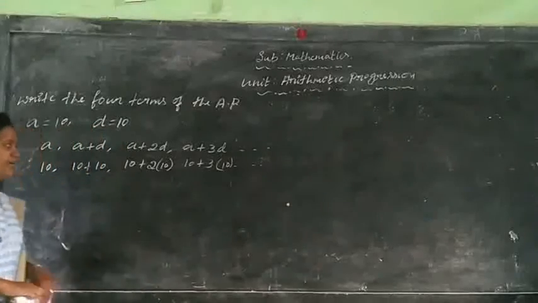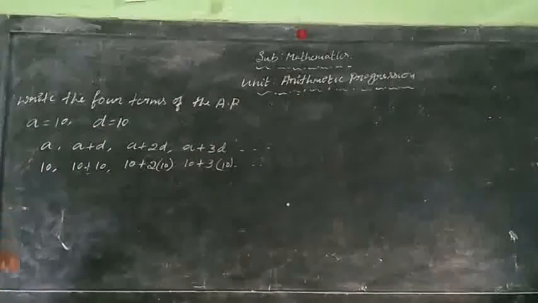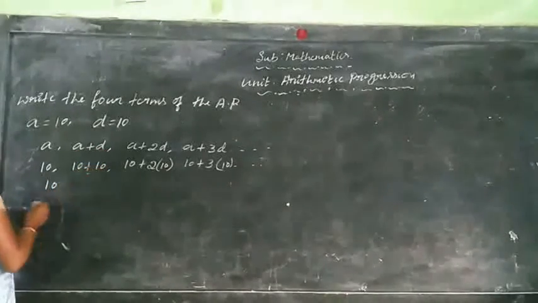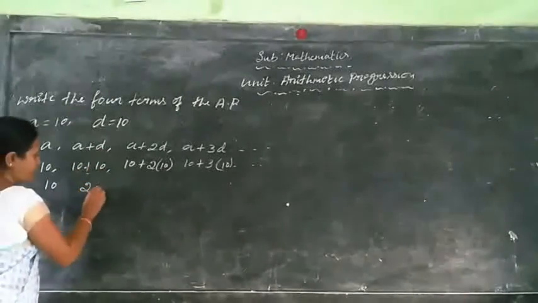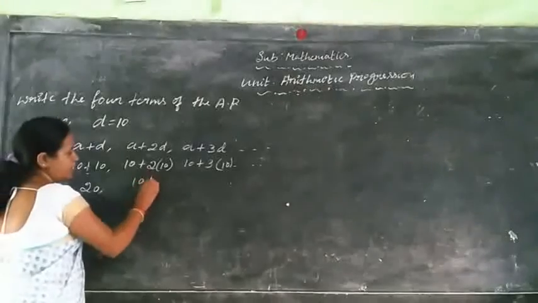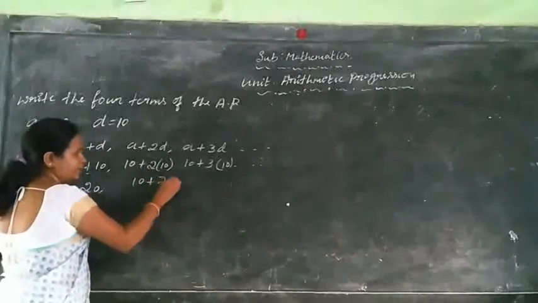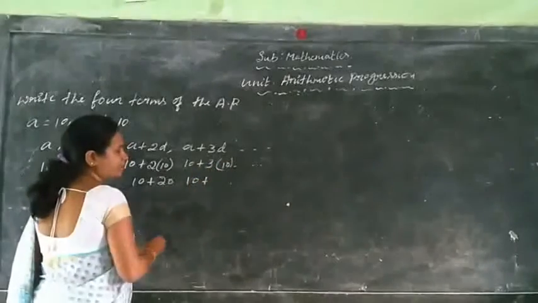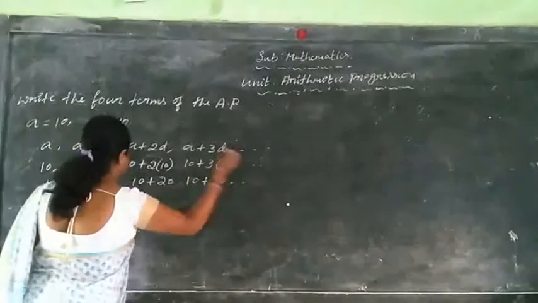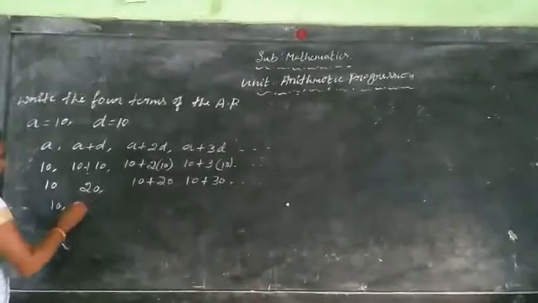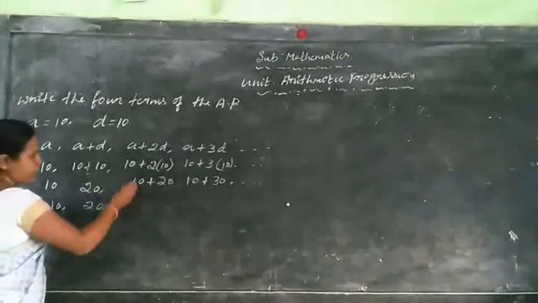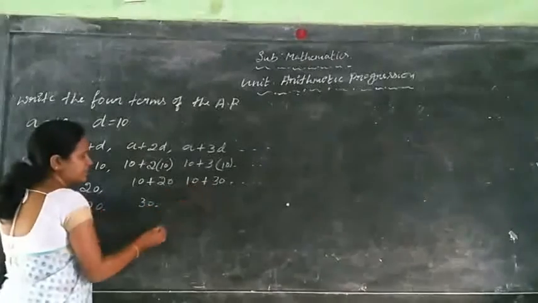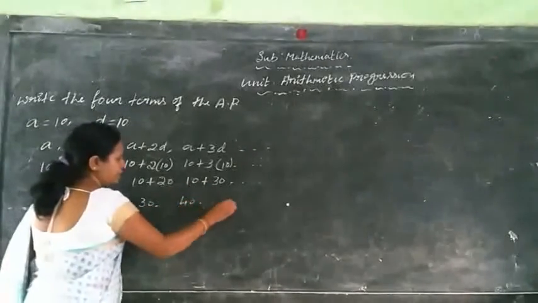So first we have to write the value of a and d. Okay. So, 10. a plus d, 10 plus 10, what do you get, children? 10 plus 10 is 20. Here 2 into 10 is 20. 3 tens are 30. So 10, 20. 10 plus 20, what will you get? 30. 10 plus 30, 40.